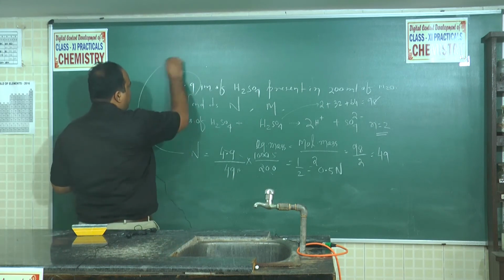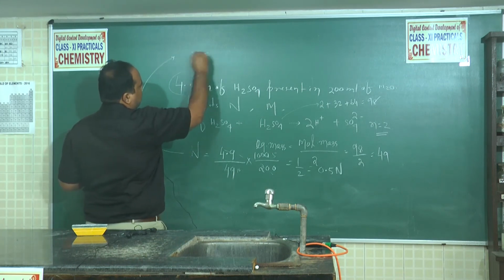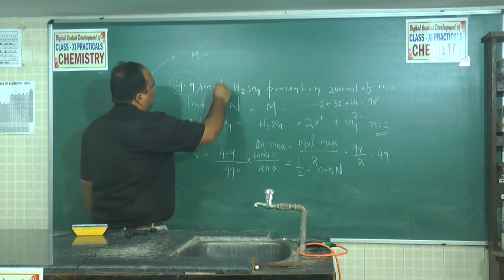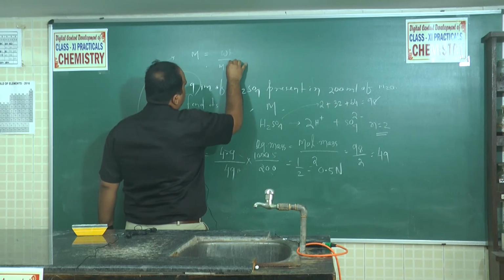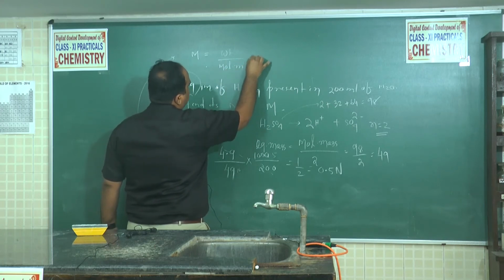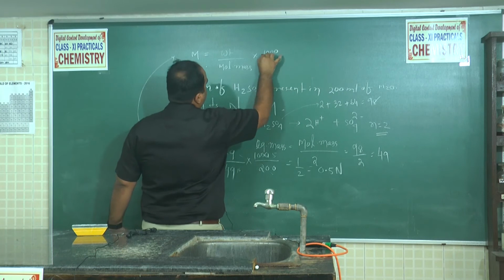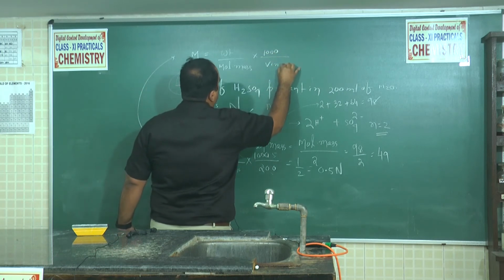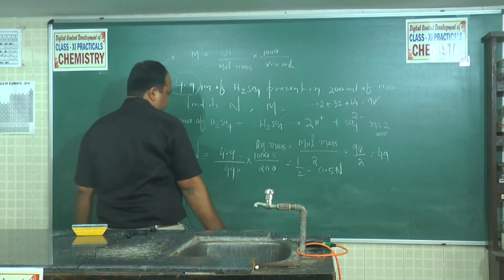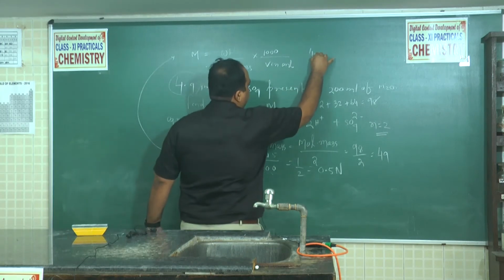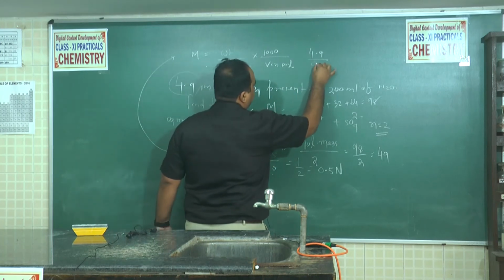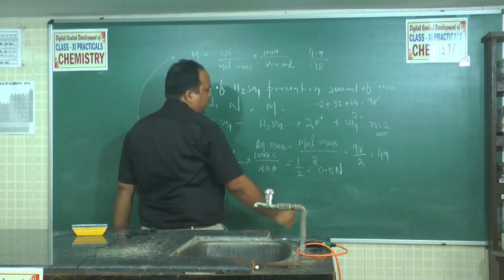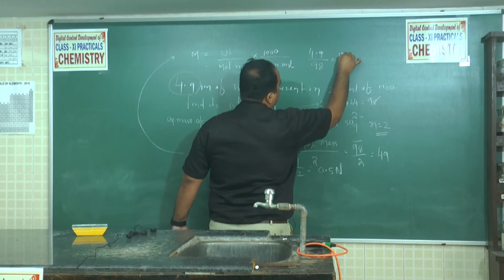If we go for molarity, what is the formula? Given weight by molecular mass into 1000 by V in ml. The given weight in the question is 4.9, divided by molecular mass 98, into 1000 by 200.